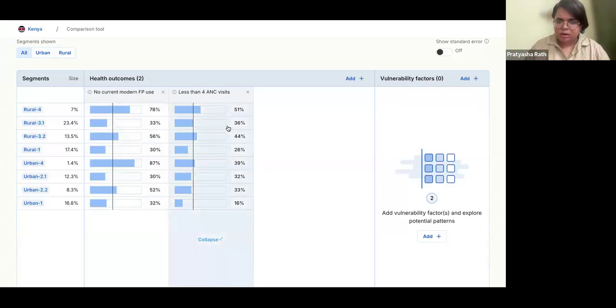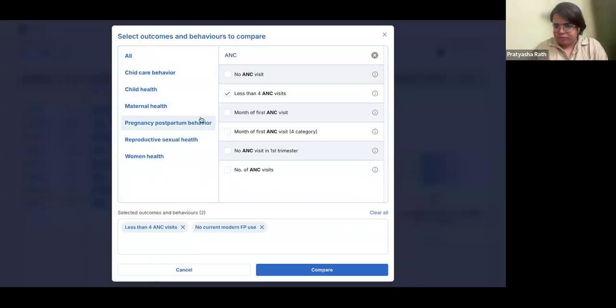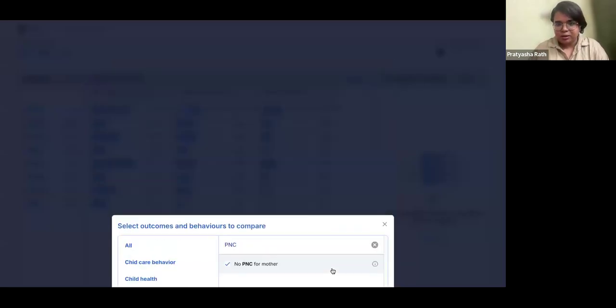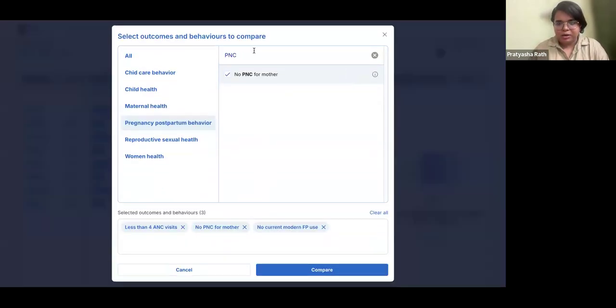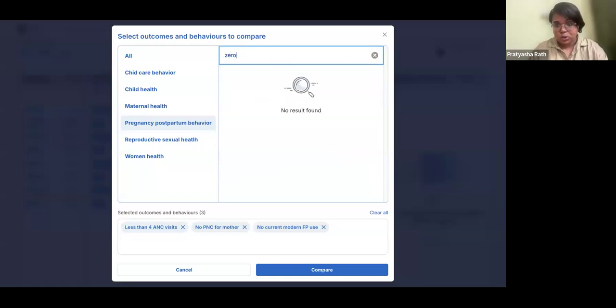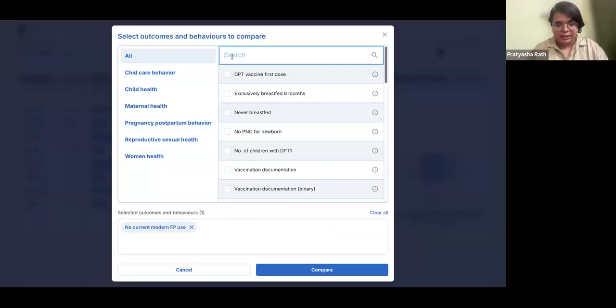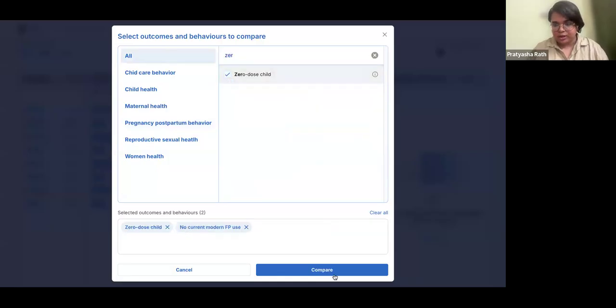And because it's modern family planning usage, and I have an assumption that there is some counseling that is supposed to happen in clinics after delivery, let me try to find a proxy indicator for that. Maybe I could look at PNC. So let's look at no PNC for mother. And then let me look at what more could I find? Say, let me look at 0 dose, because vaccination is also something that we could use. So I'll go to all, and then I'll select 0 dose child.